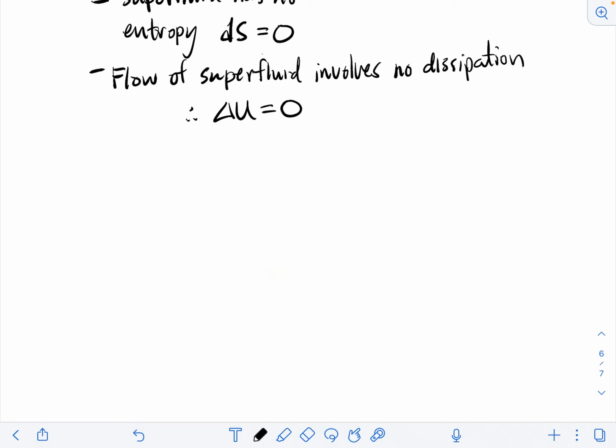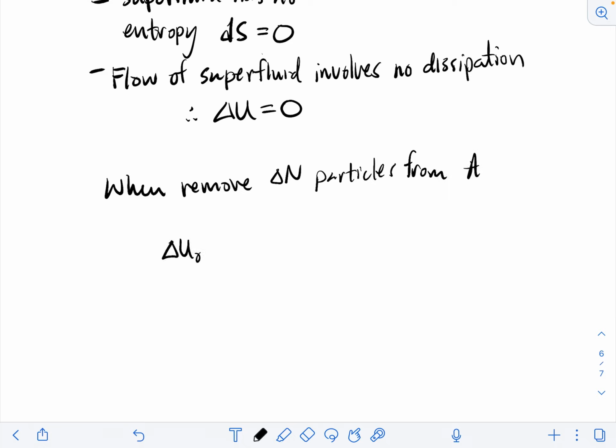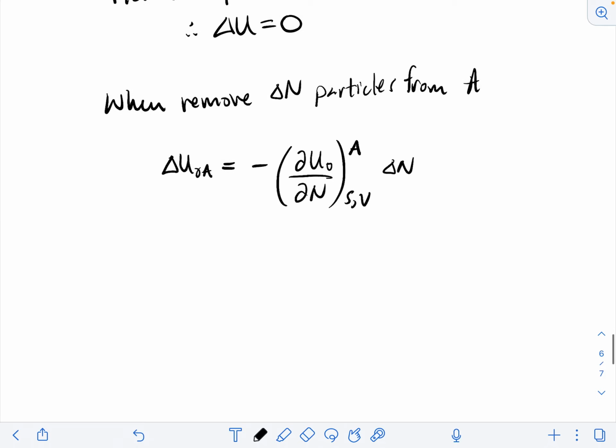So when we remove delta n particles from the volume A, delta U0, let's say A, is equal to minus dU0/dn at constant entropy and volume, times delta n, and so this is all for, the notation's a little weird here, but let's say this is for position A. There's a negative sign because we've moved particles out of that volume, so we've lost energy in that little section.